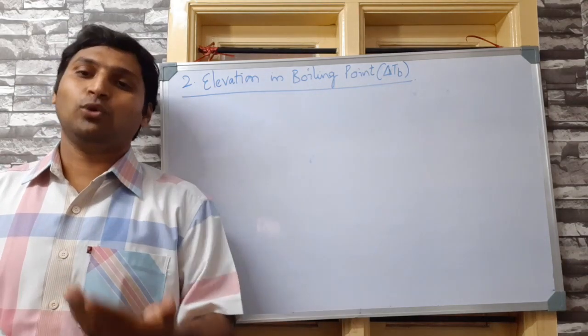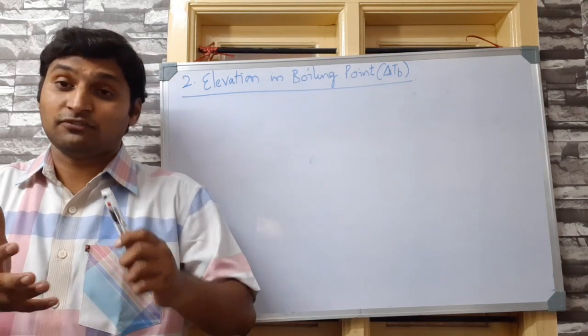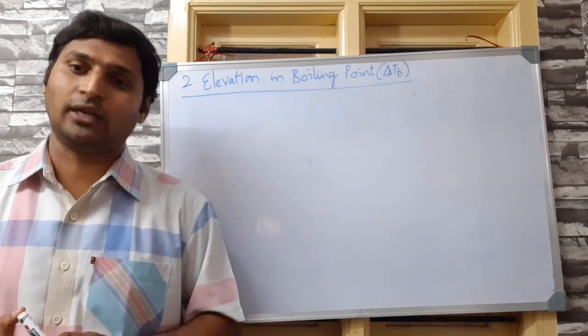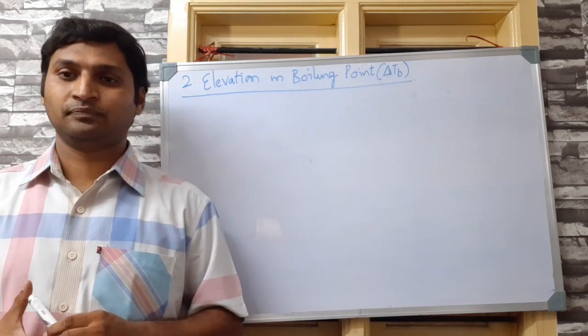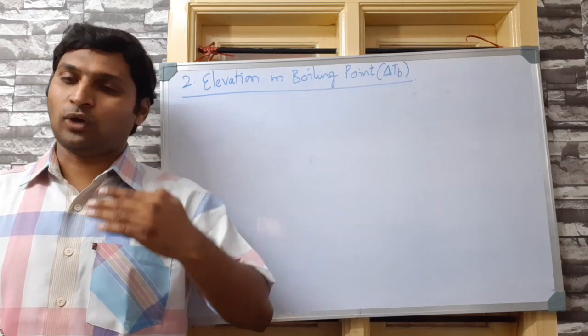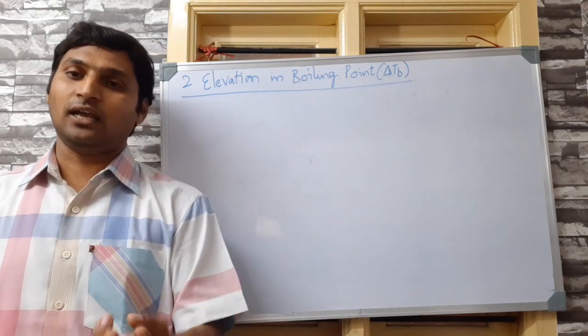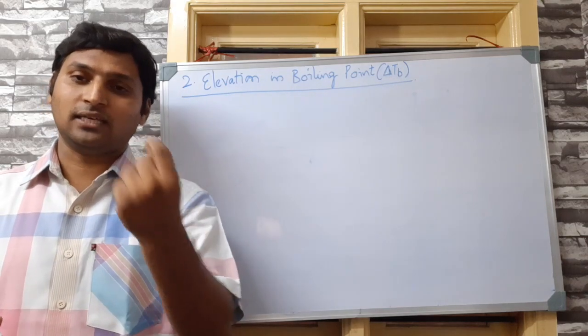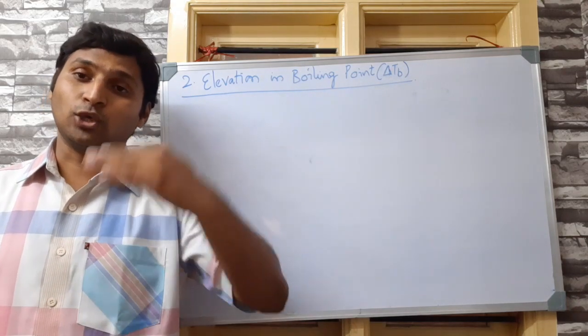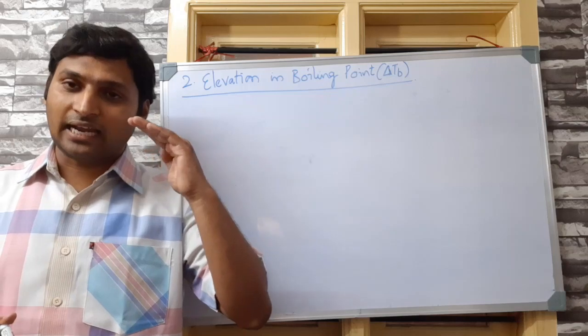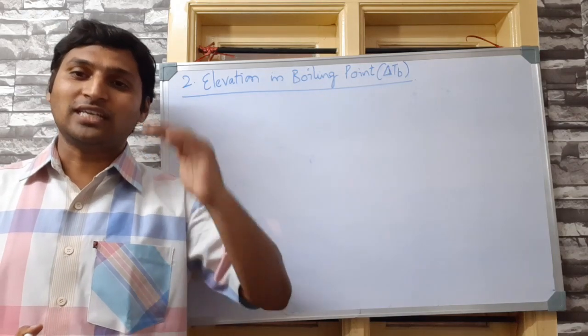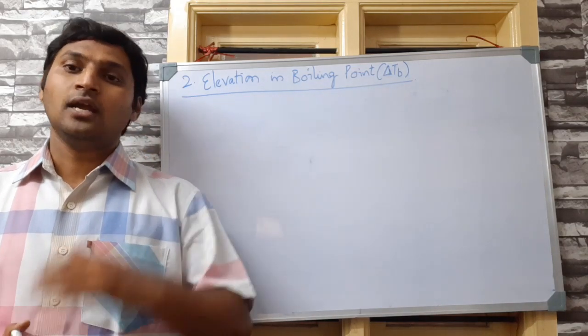Now technically, how do we understand increase in boiling point? Means physically, how do we understand it? Again the same thing. Because you have added a non-volatile solid solute, some of the bulk as well as surface of the liquid is occupied by the solid solute particles which don't evaporate, they not only slow down but also reduce the extent of evaporation.